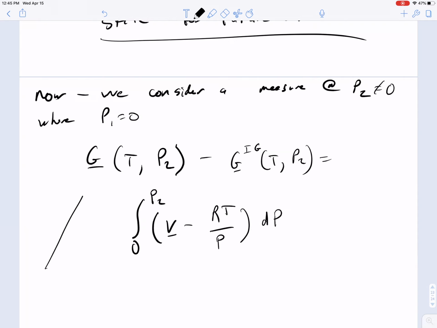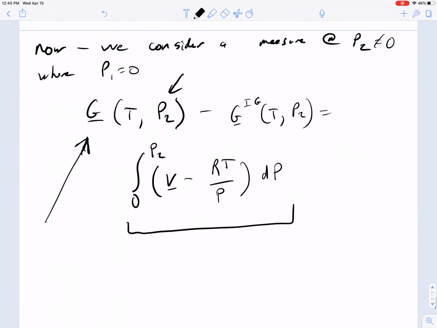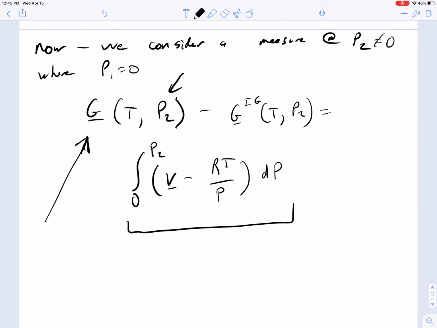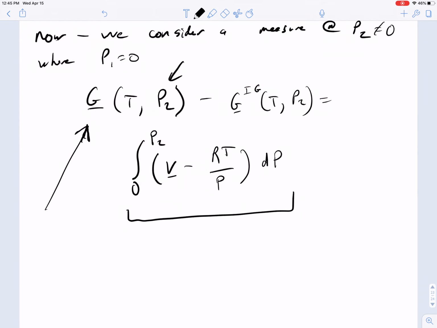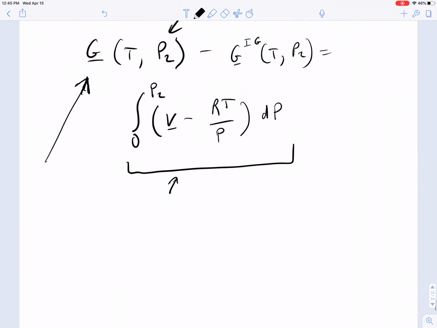So this is a way now that we are working towards a function that we can use to calculate the Gibbs free energy for material at any pressure P2. We're doing it in this form, and I'll show you in a minute why, because this form has some nice properties that makes this calculation much easier to do.